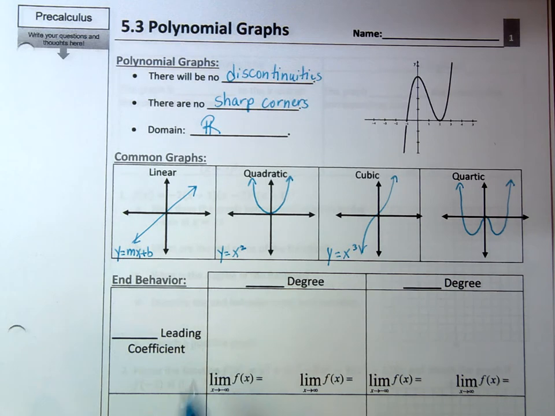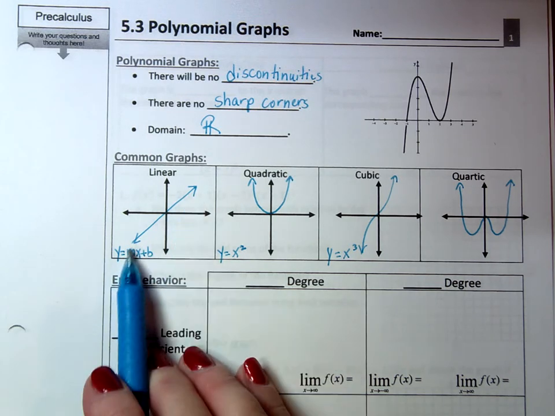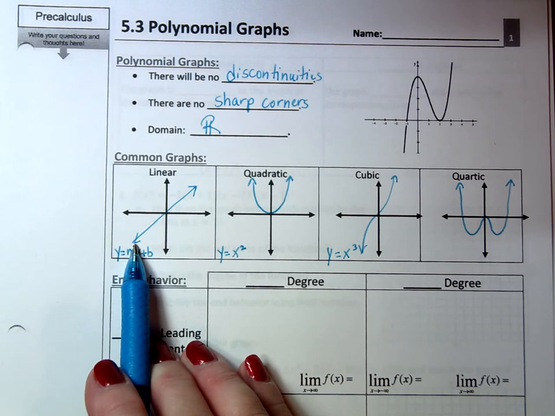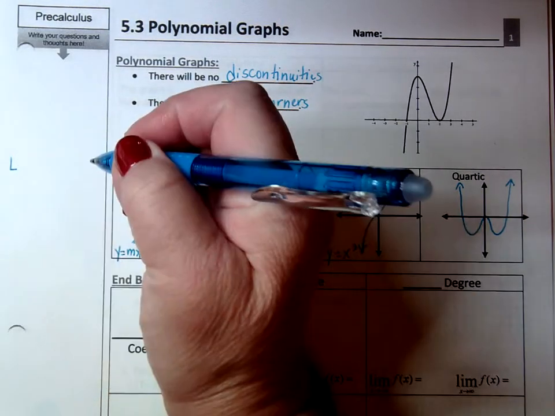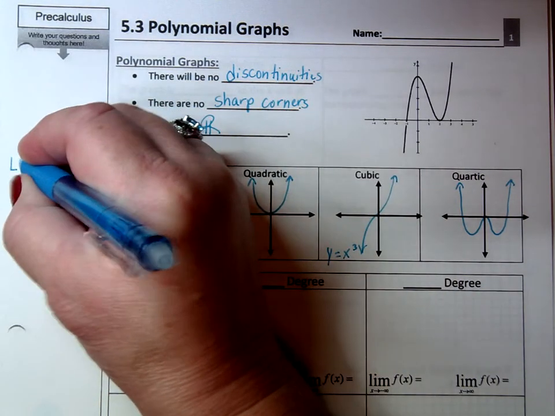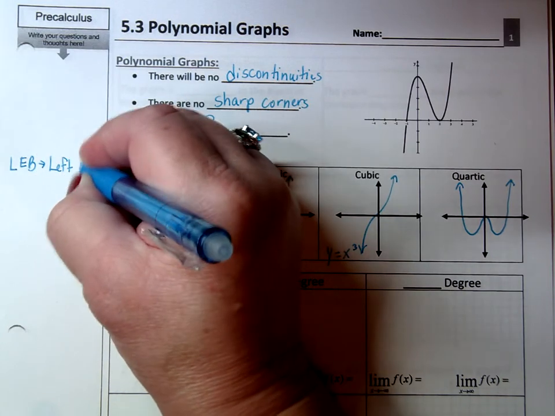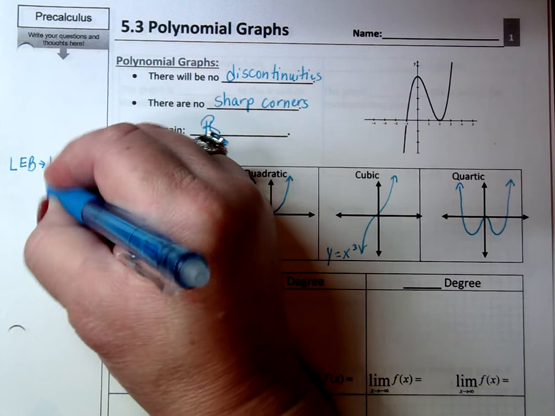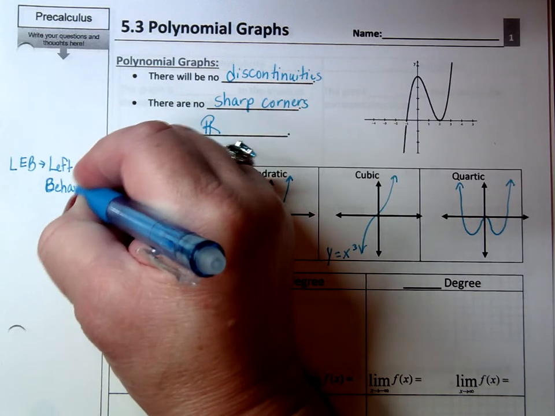So the end behavior is what it's doing on the left and what it's doing on the right. So this one has a left end behavior, an LEB. I might as well toss it in my margin. LEB is representative of the left end behavior.